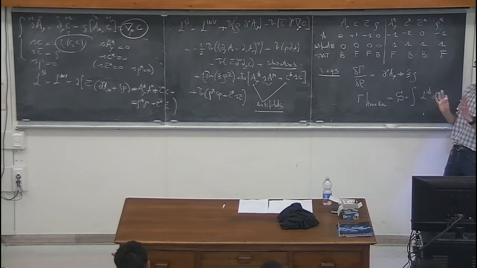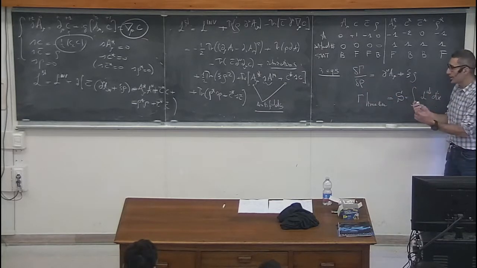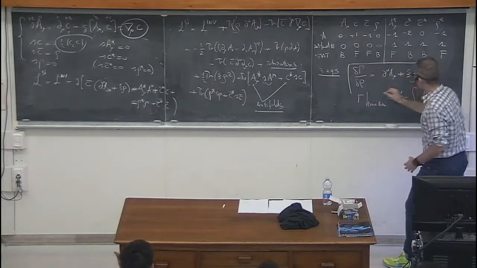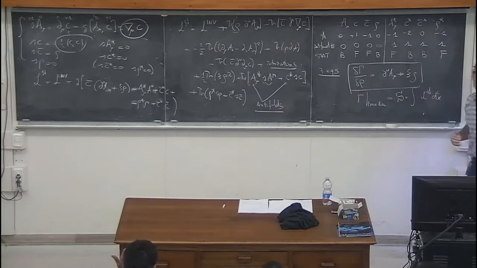Now I'm going to do the following: I promote this equation to all loops. So for me, that will be a Ward identity, or let's say a condition on my effective action. Can I do that?